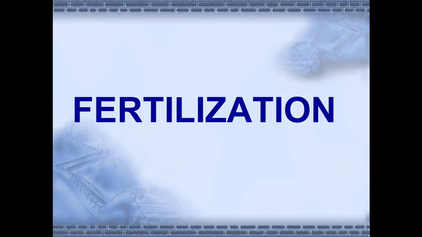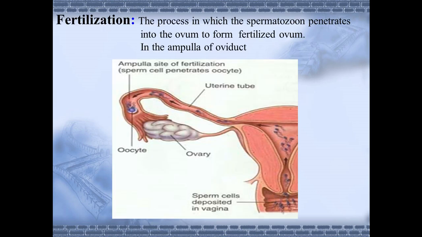Now the main thing which is required, you should know how to attempt in the examination. You can get a short note on fertilization. How to attempt? First of all, the definition. What is fertilization? Fertilization is a process in which a spermatozoon penetrates into the ovum to form a fertilized ovum.